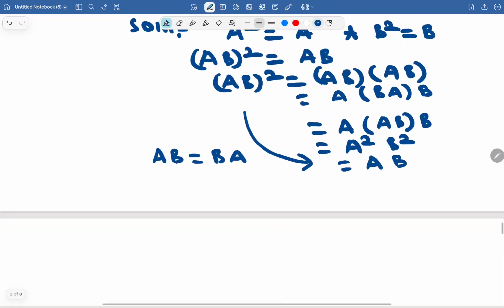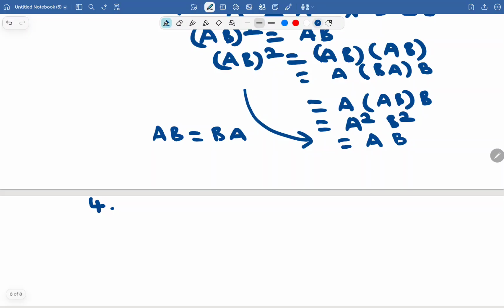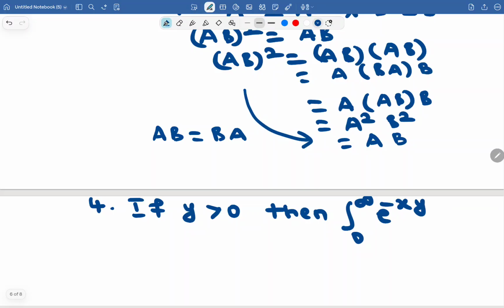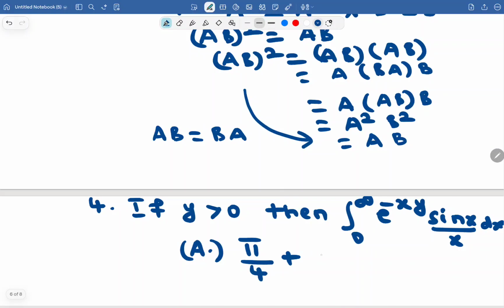Now I am going to discuss the fourth problem. If y greater than 0, then integral 0 to infinity e power minus xy sin x by x dx is: Option A, pi by 4 plus arc tan y.